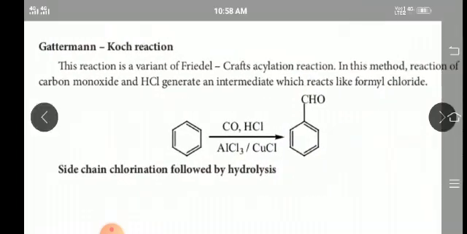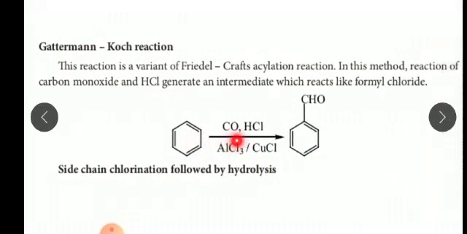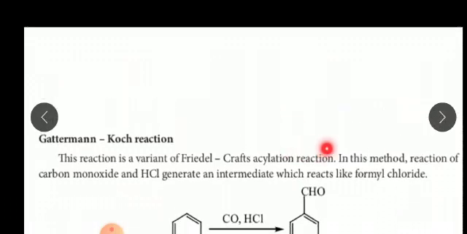So see here, formyl chloride, benzene, CO is bonded. Here one hydrogen will be there, no? So this hydrogen is replaced, and HCl first forms formyl chloride as an intermediate. Then it is removed in presence of AlCl3 and CuCl. This is side chain chlorination followed by hydrolysis. So once again it is followed by hydrolysis. So now CHO will be formed, benzaldehyde.